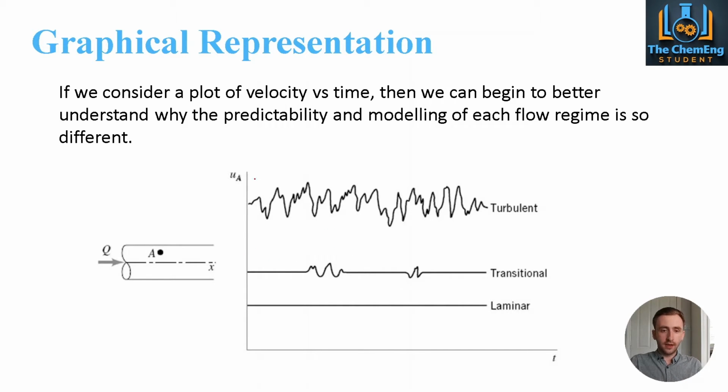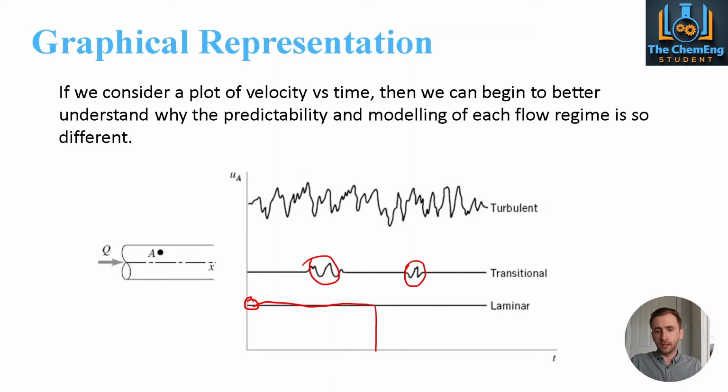So if we look at the effect of the velocity as a function of time, then you can see for laminar flow, we can pretty much say that at any given point, we would know what the velocity is at any given point in time. Transitional throws some variation, but not very much. So we still get at points this laminar behaviour, but we're getting these small regions of turbulent activity. So this is becoming unpredictable.